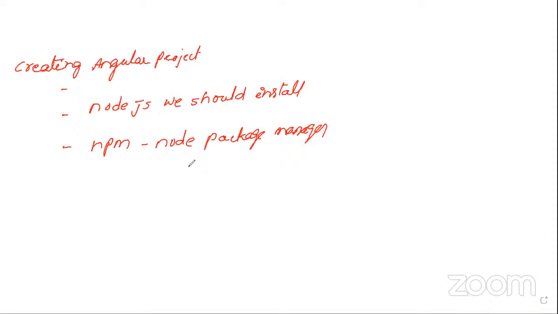Once these two are installed, you also have to install the Angular CLI. CLI stands for command line interface. This is a tool which allows developers to create an Angular based application.